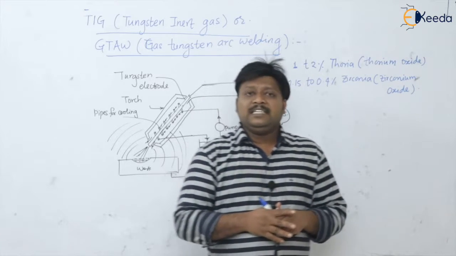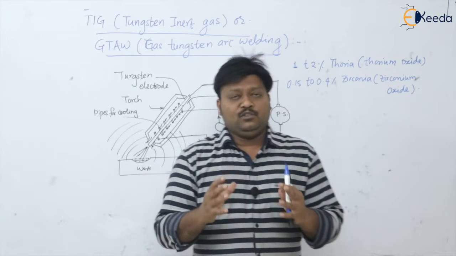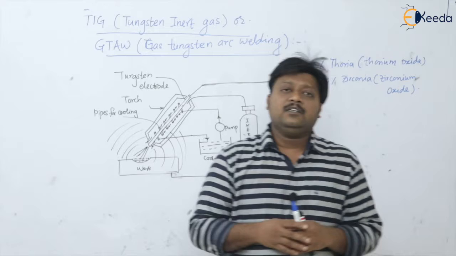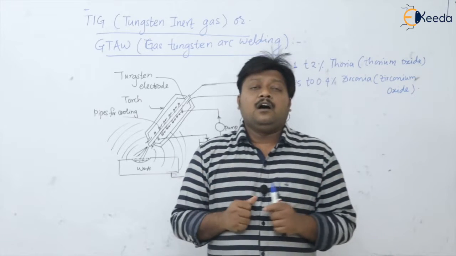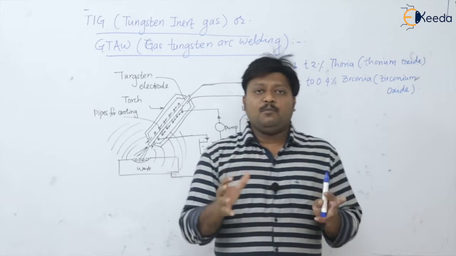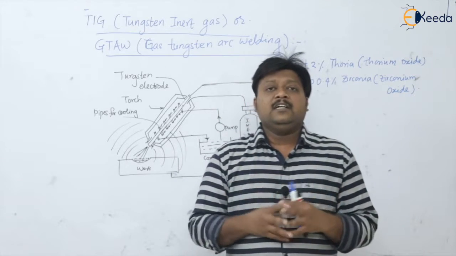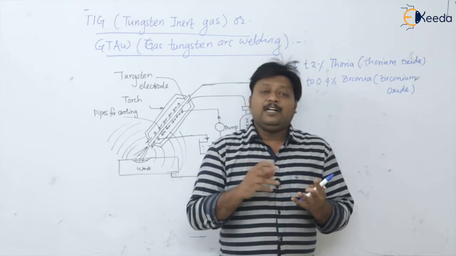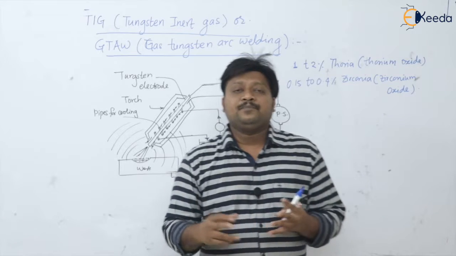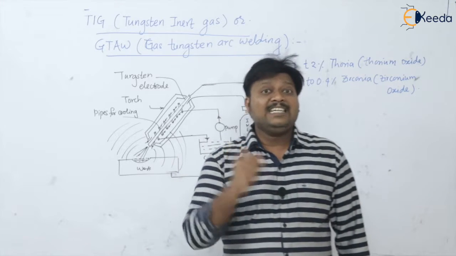Now basically see, this TIG welding process is made for the joining of many materials, but amongst these all, the common materials that are specially welded by this TIG welding process are aluminum, magnesium, very highly reactive materials, and stainless steel.